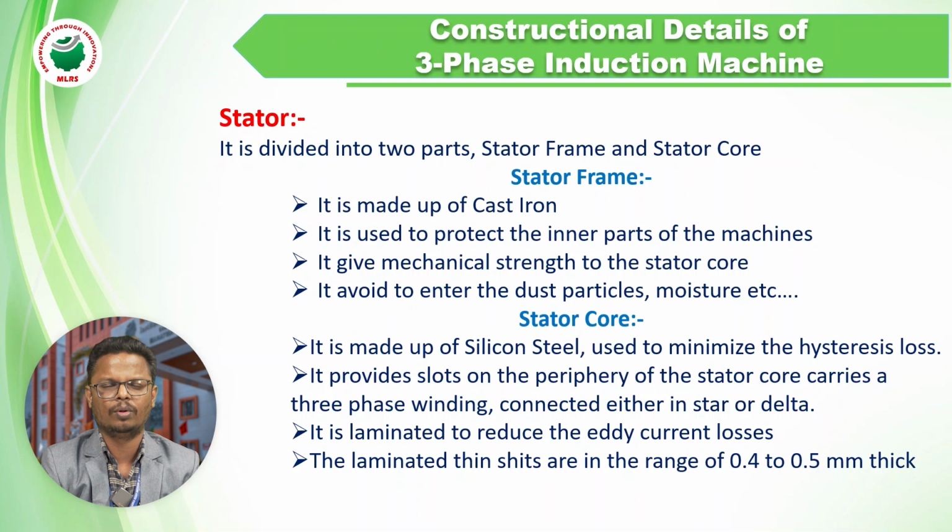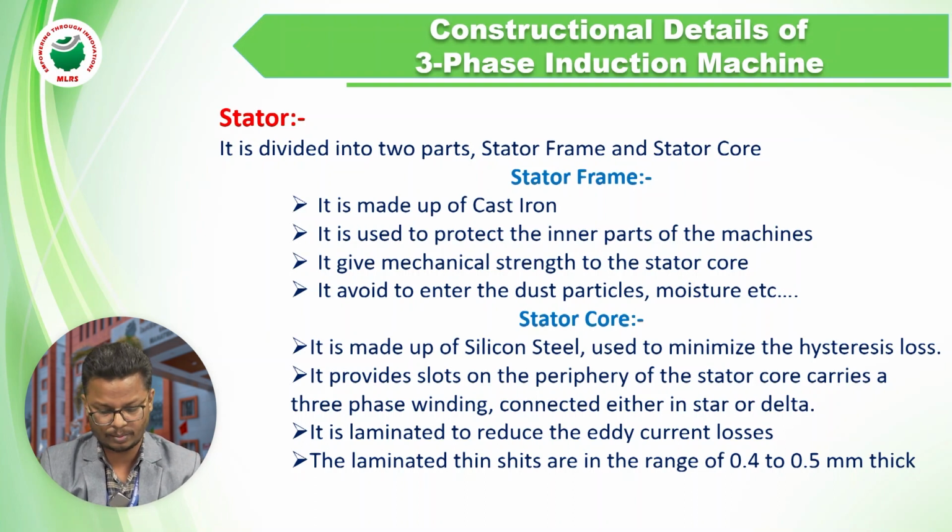The stator core has slots, and in this three-phase induction motor we use semi-closed slots. In these slots we keep the winding, and the stator core helps us make a distributed winding. It is laminated with 0.4 to 0.5 mm thickness. So this is about the stator frame and the stator core.